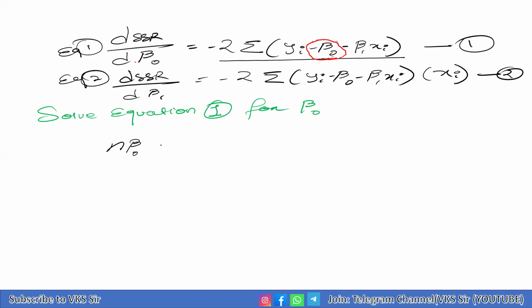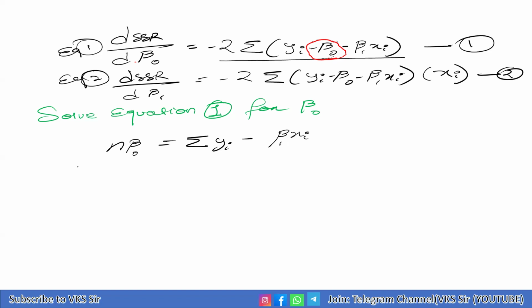N beta naught is equal to the sum of yi minus beta 1 times the sum of xi. So I can just write like this, right?